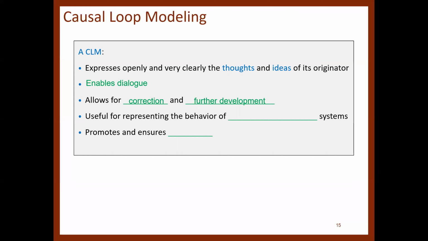So we are not expecting you to get a perfect causal loop model on the first trial. It's an iterative process, with correction and further development as you discuss with other people. It is useful for representing the behavior of nonlinear dynamical systems and promotes and ensures completeness.